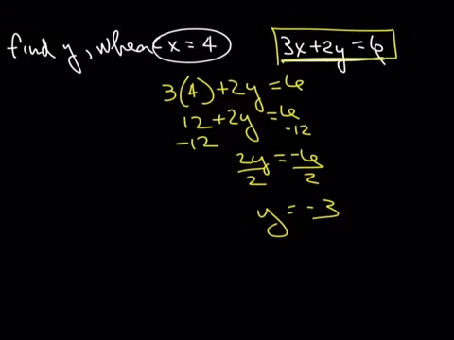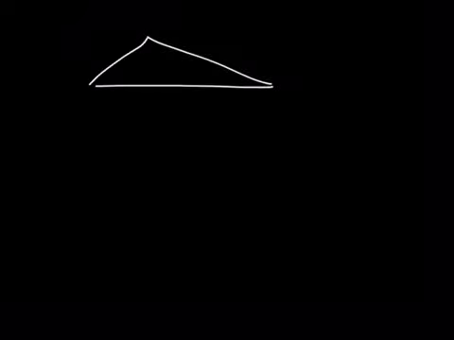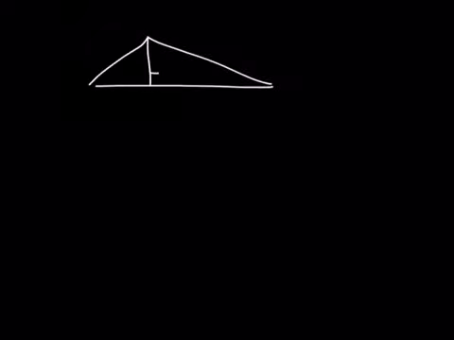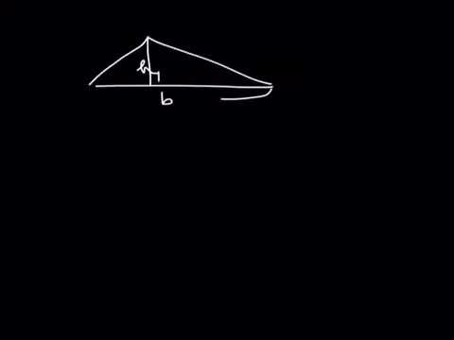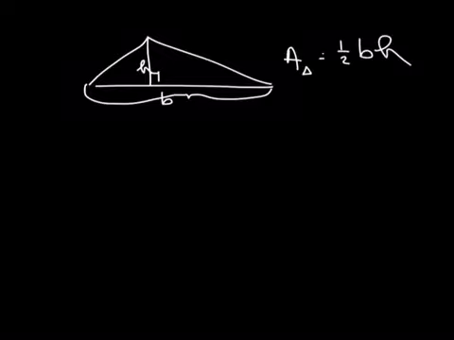Alright, so let's look at some geometry examples. We did one with a rectangle, now we're going to do one with a triangle. And there is a formula for a triangle. That's the height, and this is the base. The formula for the area of a triangle is 1/2 the length of the base times the height.